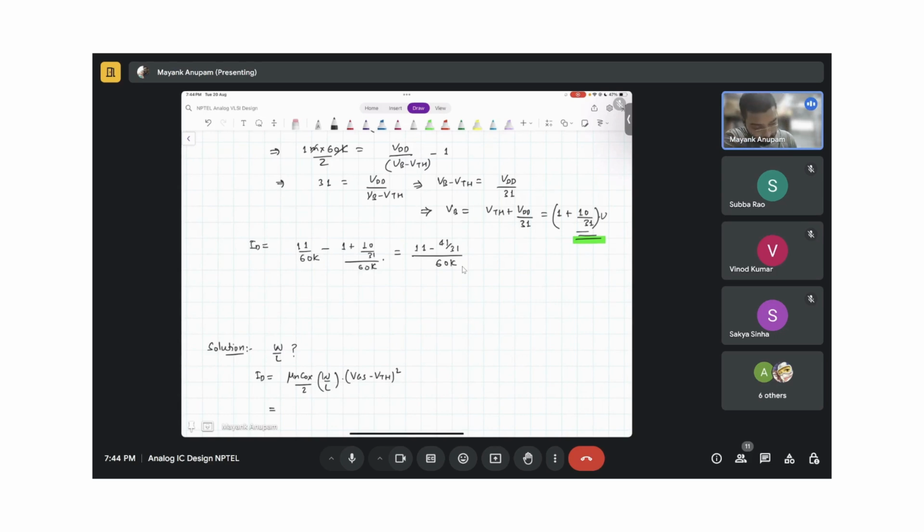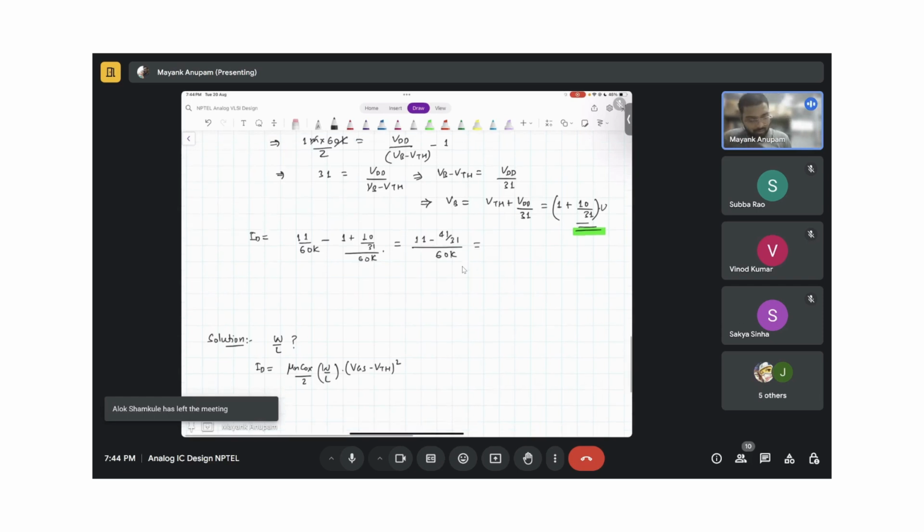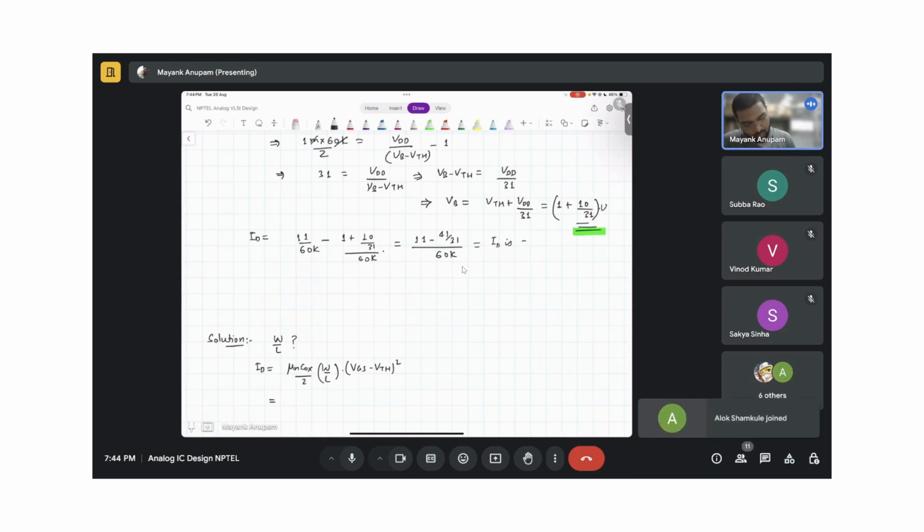How much will this be? This gives a very weird value, so it's difficult to calculate, but it will be some positive number. ID is positive. So that is the first sanity check.